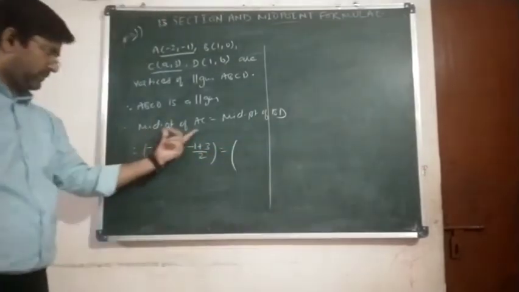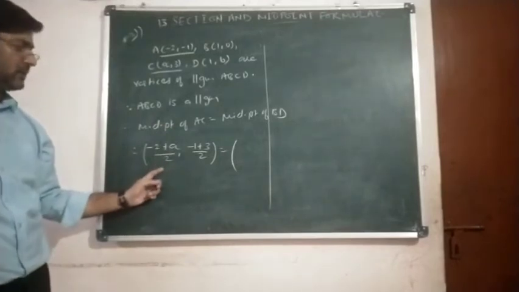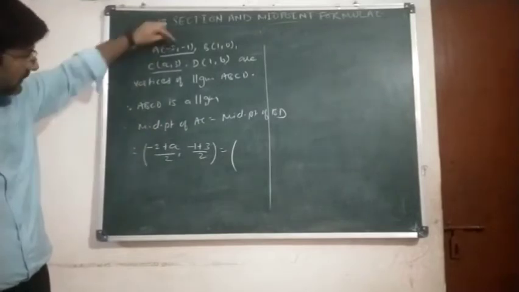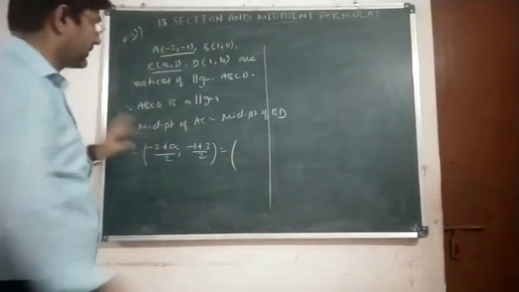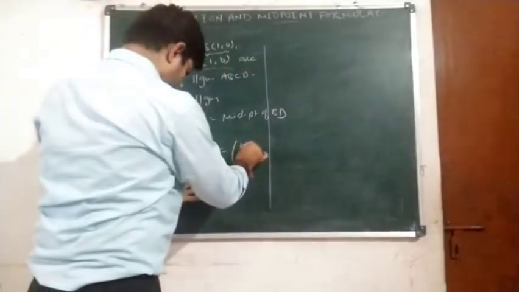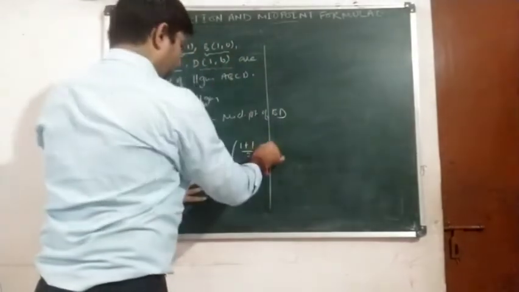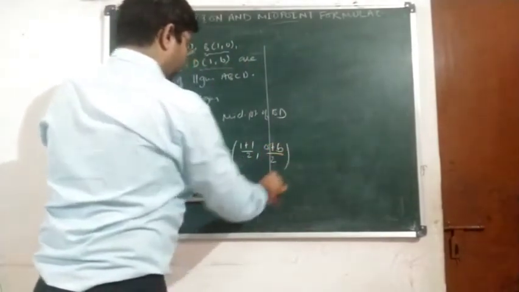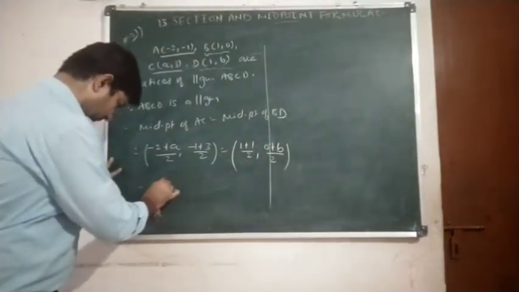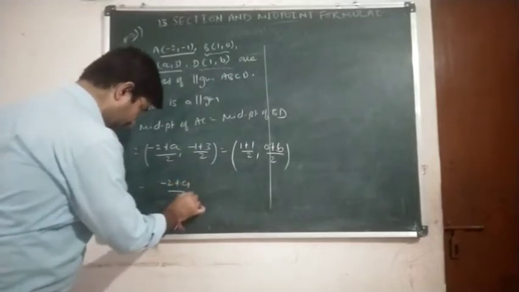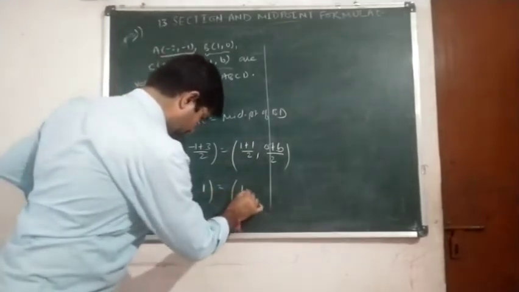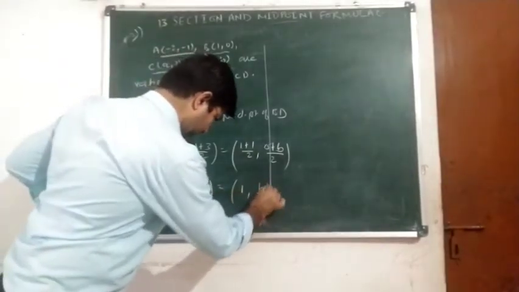This is the midpoint of AC, x coordinate and y coordinate: (-2 plus a) by 2 and (-1 plus 3) by 2. Similarly the midpoint of BD is (1 plus 1) upon 2 and (0 plus b) upon 2. Further simplifying, (-2 plus a) by 2 comma 2 by 2, which is 1, will be equal to 1 and b upon 2.